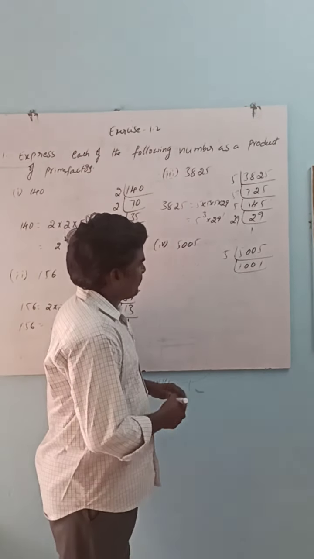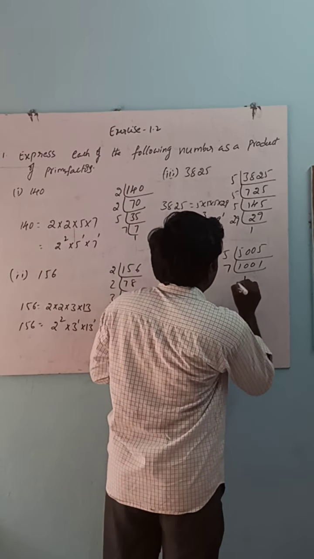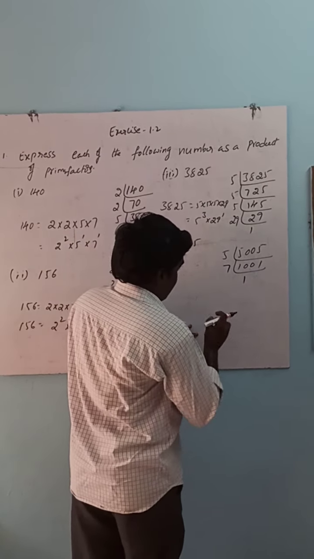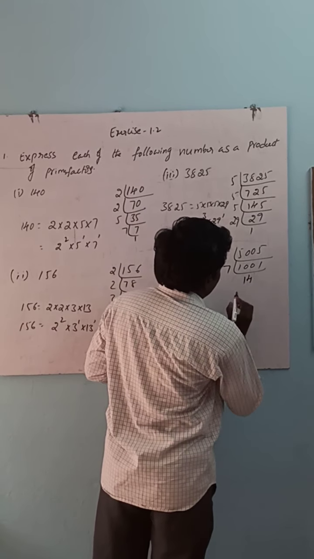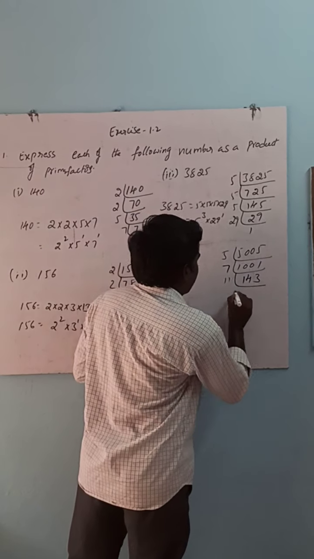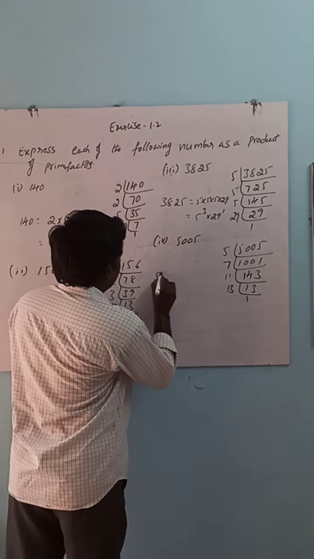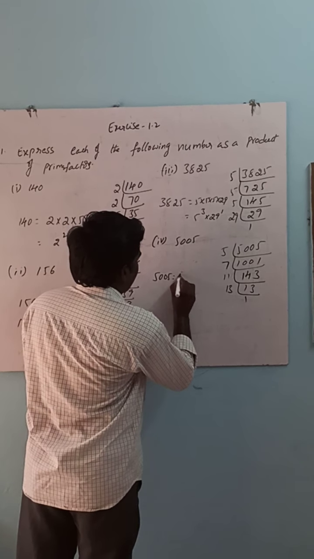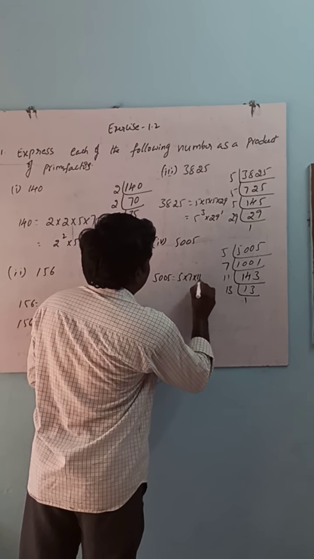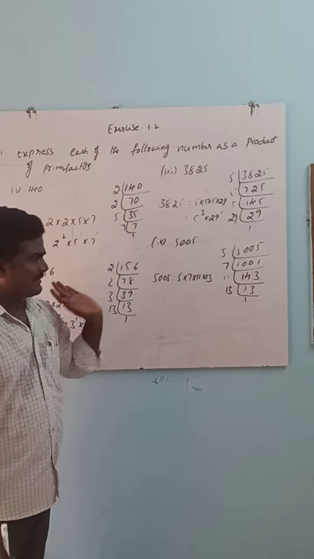Check 7: 7 into 143. Again 11: 11 into 13, 13 into 1. So 5005 is equal to 5 into 7 into 11 into 13. The number is expressed as a product of prime factors.